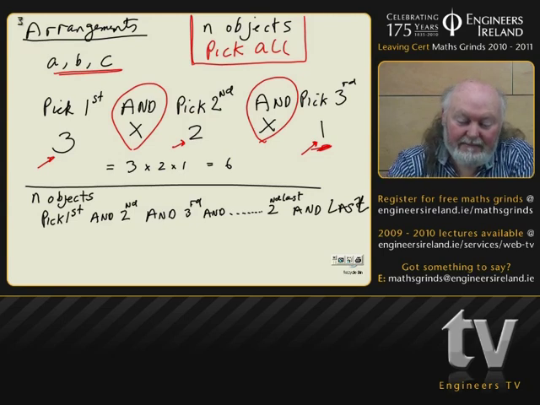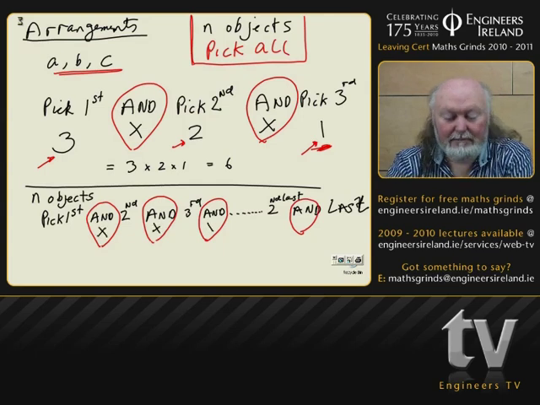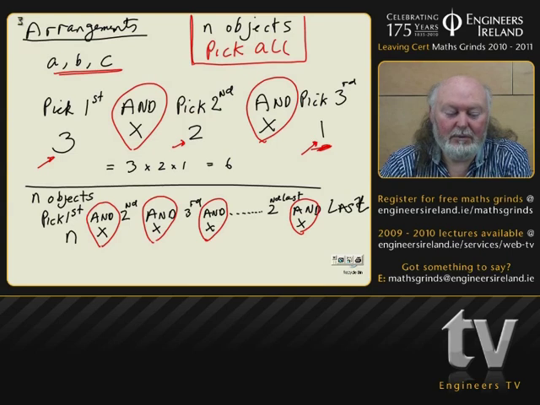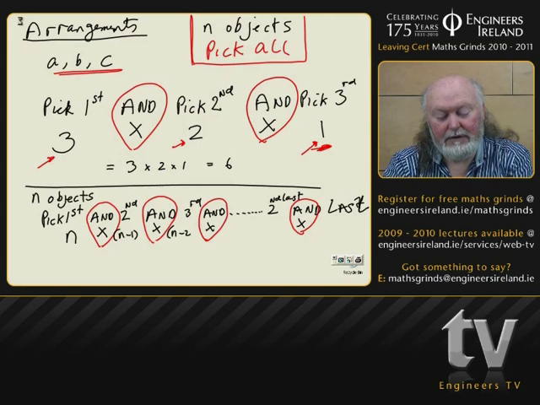So then, there's n objects. There's n possible ones for the beginning. The next one is n minus 1. Now it's n minus 2. It's n minus 1 here because we've already picked one away. N minus 2 because there's 2 gone.